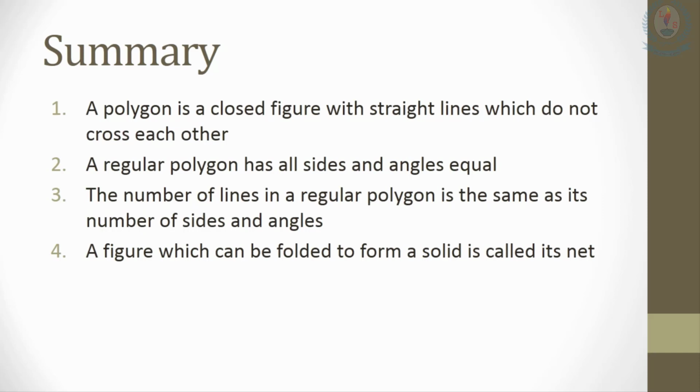And remember, a circle is not a polygon. And you learned a quadrilateral is a polygon with 4 straight sides and 4 vertices.